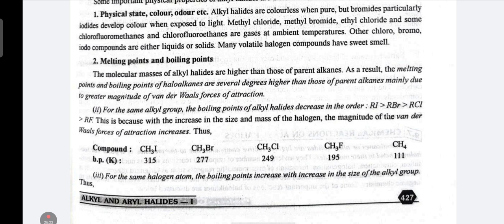For the same alkyl group, the boiling point of alkyl halides decreases in the order RI, RBr, RCl, RF. This is because there is an increase in size and mass of the halogen, so the magnitude of van der Waals forces of attraction increases.